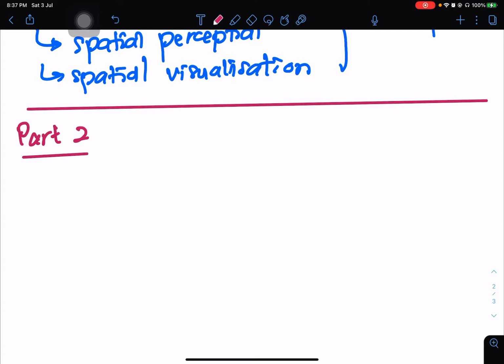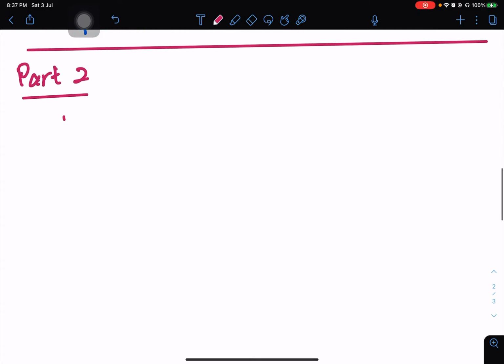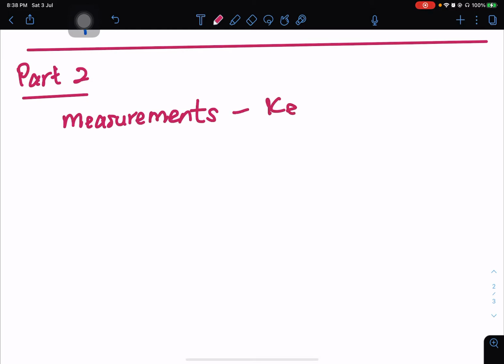For example, for measurement, we look at some of the key ideas found in measurement.